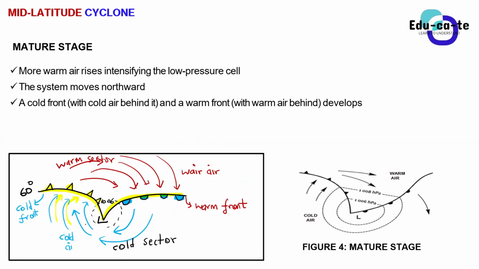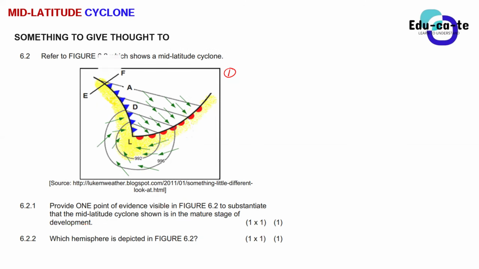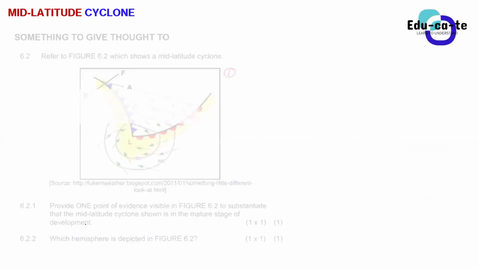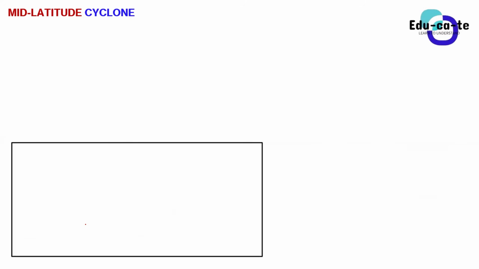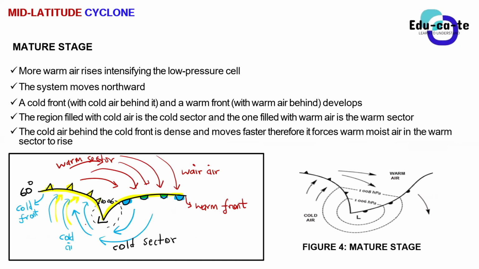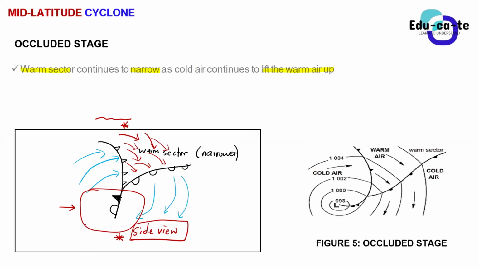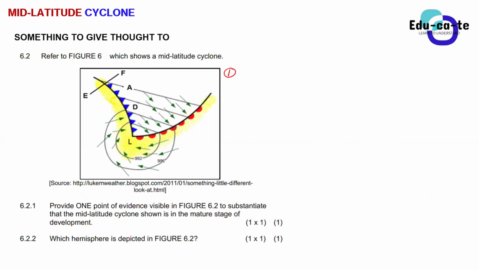But can you see any warm air rising in this particular diagram as visible evidence? No. The second thing that we said about the mature stage is that the system moves northward. Do we even see this mid-latitude cyclone moving northwards, or is it something that you know? No, we don't see it, sir. You don't see it. It's not visible.